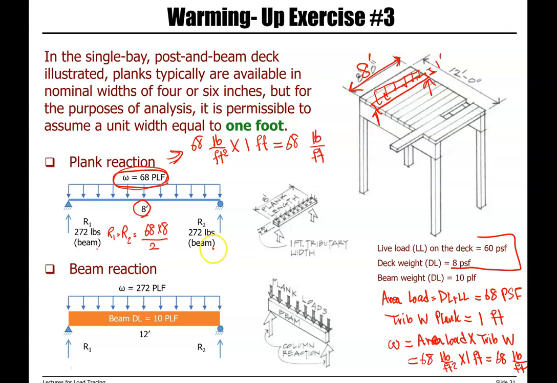Now, the reactions that we have here are transferred to the beams supporting planks. So these are the loads transferred to the beams. Same magnitude, opposite direction, same line of action. So each individual plank transfers 272 pounds.